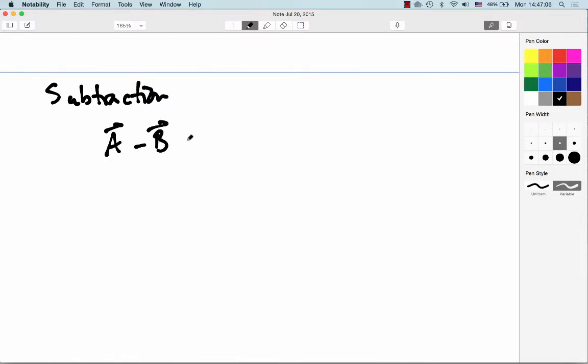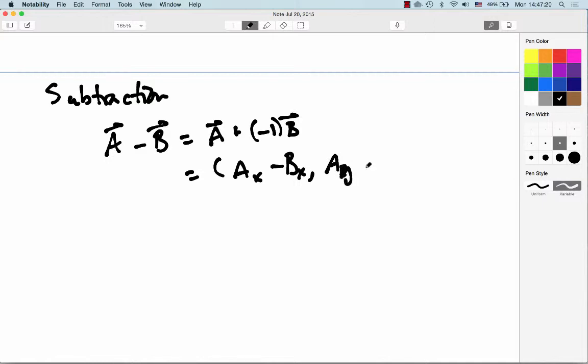So a minus b. This will be the same difference as a plus negative 1 times b. So if I was doing this slot-wise, this is going to work out to be ax minus bx, ay minus by, comma, az minus bz, and so forth.